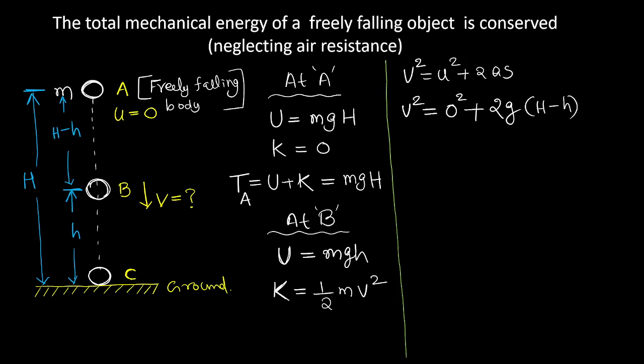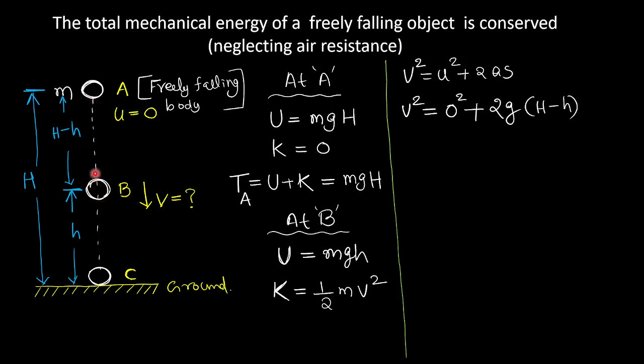Sir, can you explain how the g came? Okay, I will tell you. See, listen. In the chapter motion in a line, I don't know whether you have studied it properly or not. A falling body, the velocity will be increasing.